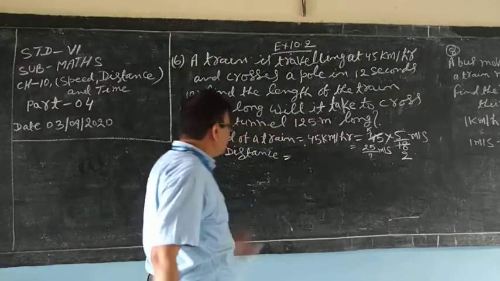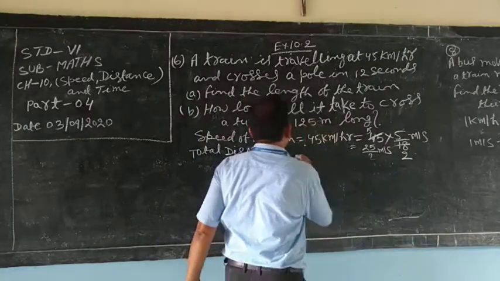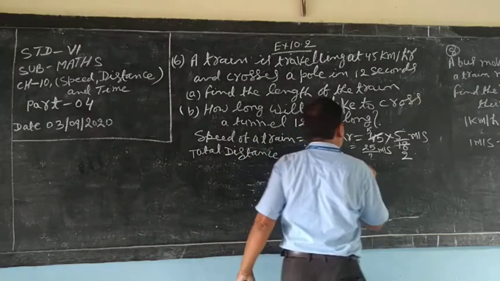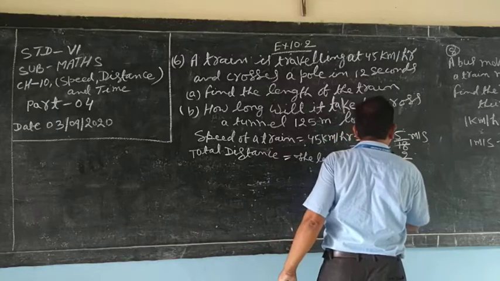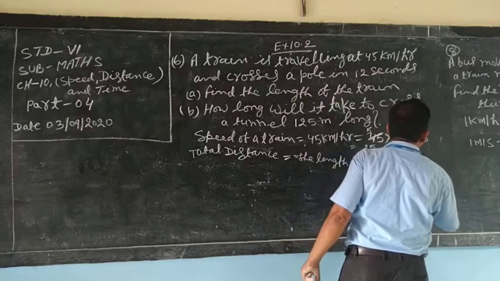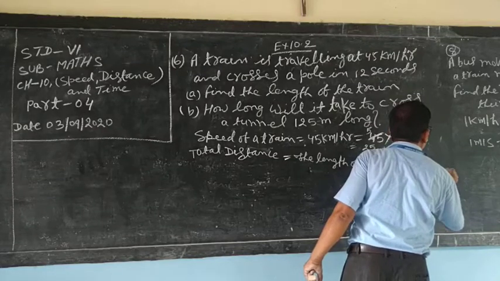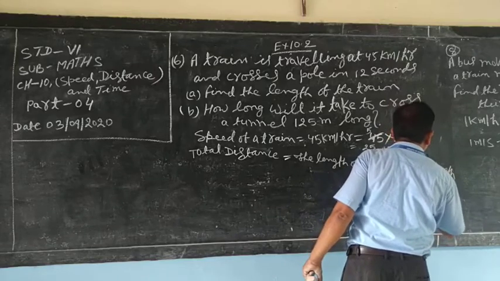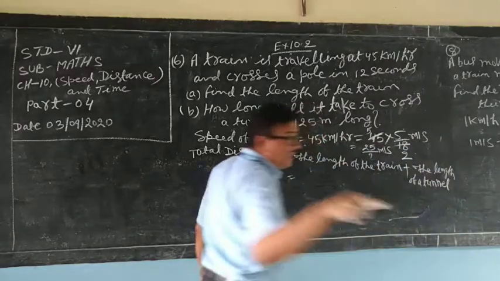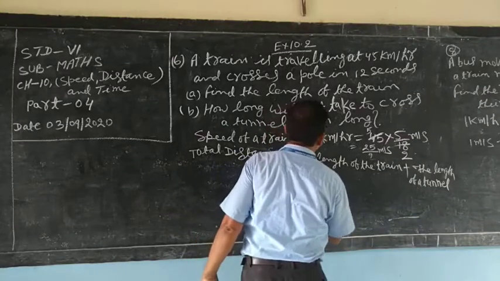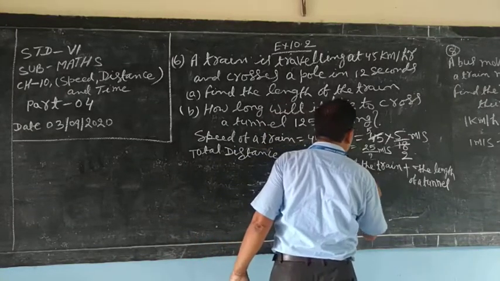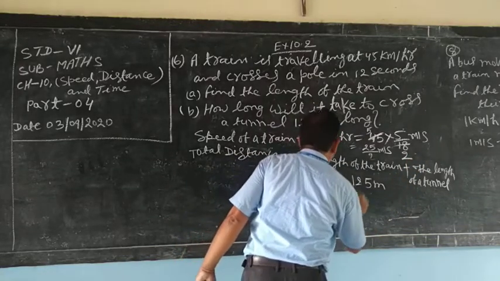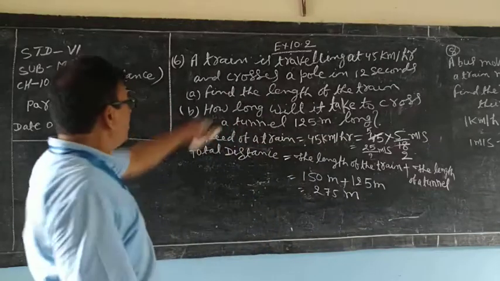So total distance means the length of the train plus the length of a tunnel. What is the length of train you got? 150 meter, plus 125 meter, the length of the tunnel. Total is 275 meter.